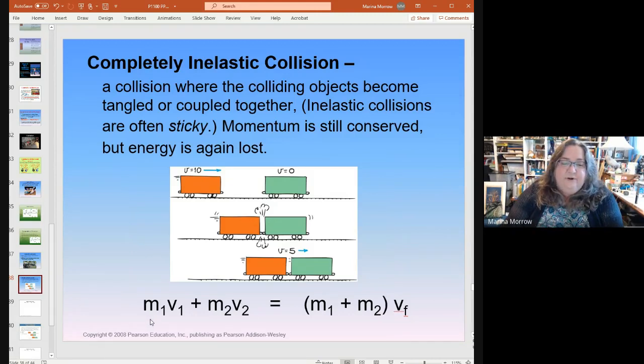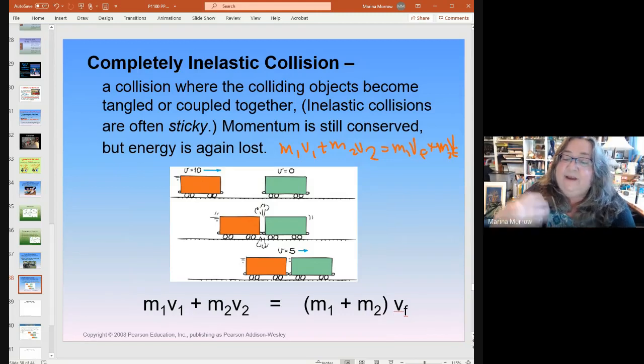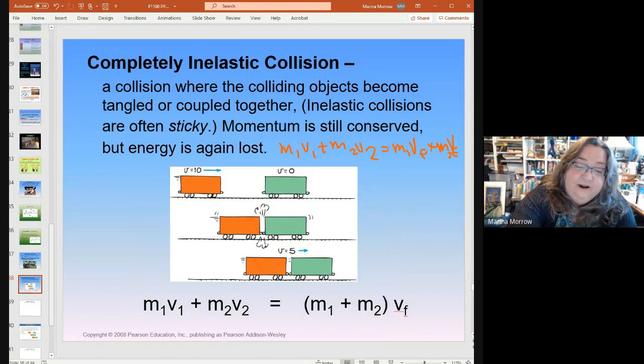And so the formula, which before we had the formula, mass 1 V1 plus mass 2 V2 is going to equal mass 1 V final plus mass 2 V final, right? Well, that would still work, except we can take a shortcut. Because the velocities are the same, both of these cars have the same final velocity, right?